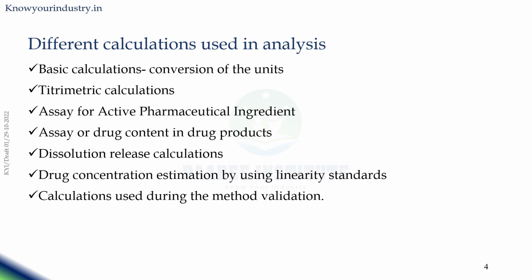Then we do the assay of active pharmaceutical ingredient and assay of drug content in drug products. Then we do dissolution release. We also do drug concentration estimation using linearity standards. And we also do certain calculations for different method validations.